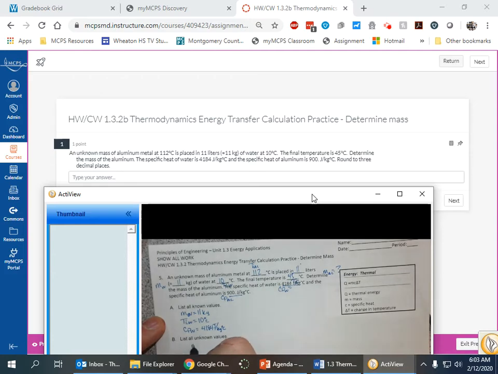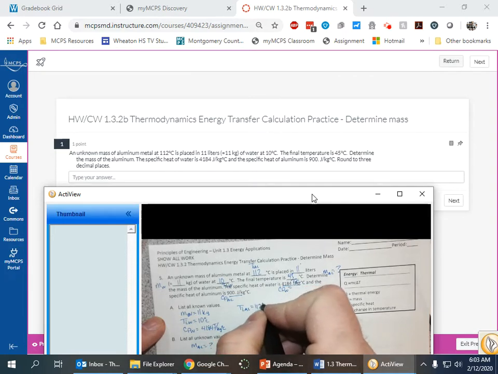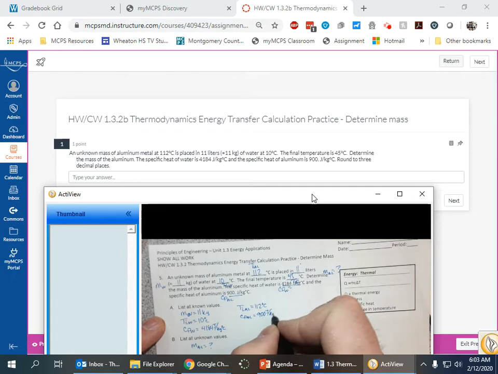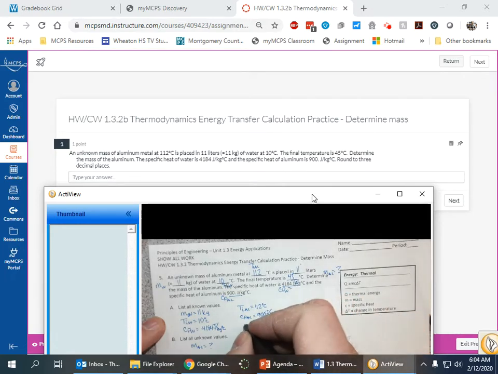The mass of the aluminum is my unknown, but I do know the temperature initial of the aluminum is 112 degrees Celsius. I do know the specific heat of aluminum is 900 joules per kilogram degrees Celsius. And I also know the temperature final is 45 degrees Celsius.